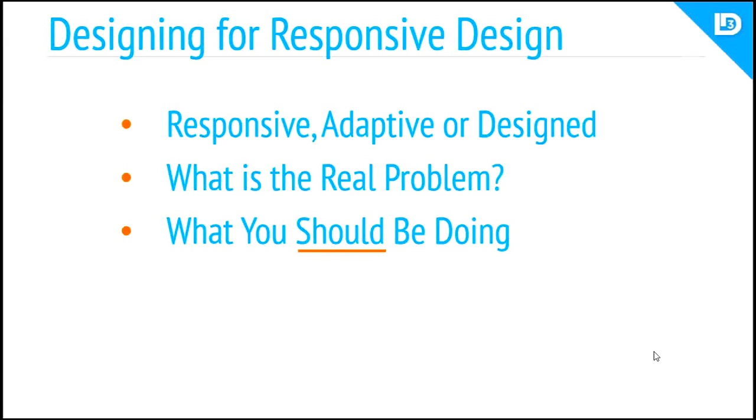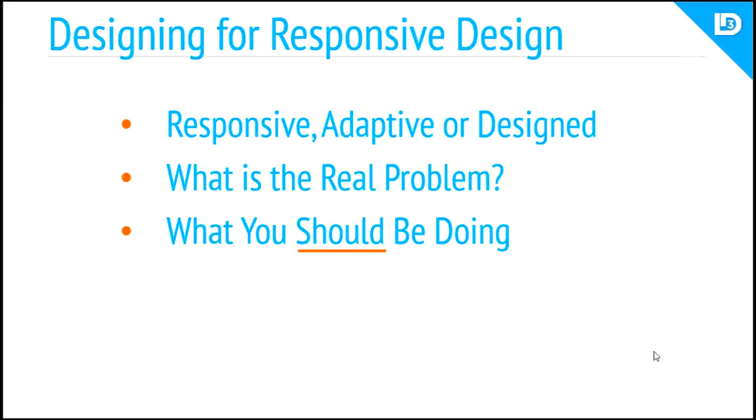My talk then will be divided into three parts. I will speak about responsive design, adaptive design, or designed, and I want to make a distinction between those things. I want to focus on what I think is the real problem that many folks don't recognize.